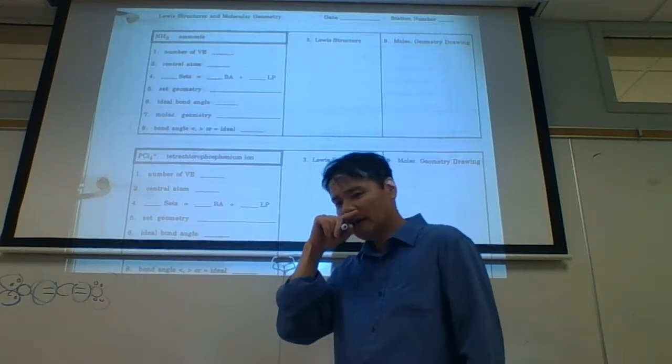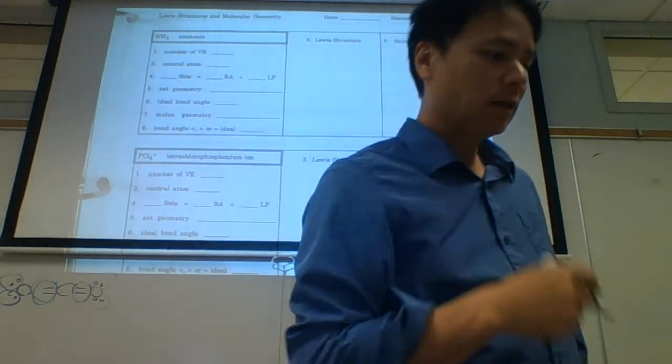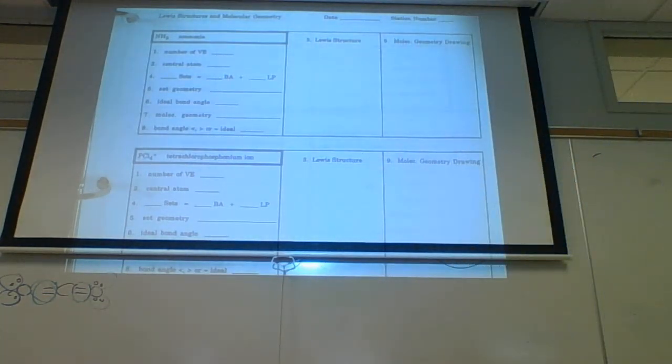So if we have 4 groups, we're going to build this. Nitrogen's blue, so go ahead and build this one. Hydrogen's white. So can you build it? And then we're going to orient it like this.